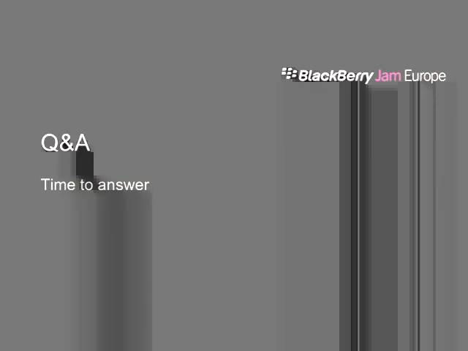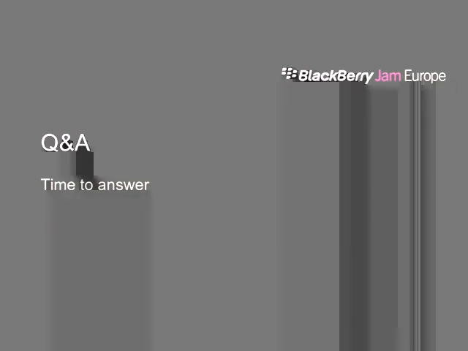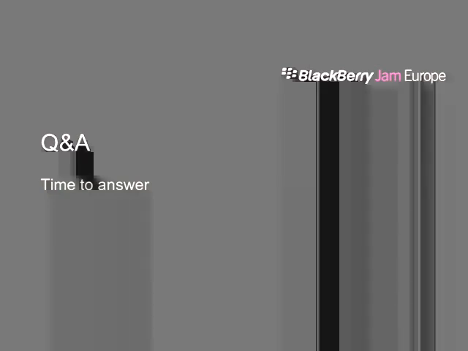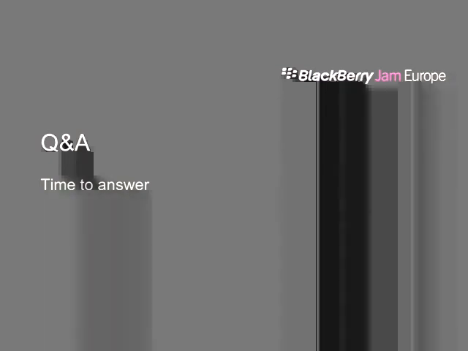This is somewhat of a follow-up to what the gentleman asked earlier, but the share features that allow easy sharing and building for BBM apps, will those become available in AIR anytime soon? The share API? Yeah. BlackBerry 10 has the share API.